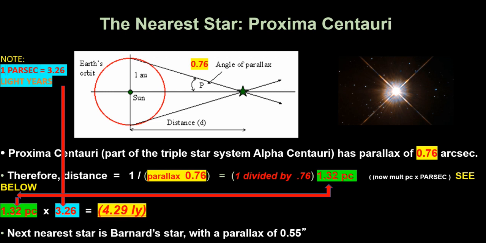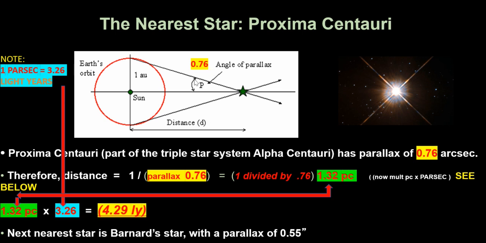And when you do that, 1.32, which is the answer to dividing 1 by 7.76, you take that and multiply it by the parsec or the light years, which is 3.3. You multiply it by the parsec, and you get 4.29 light years to the star.